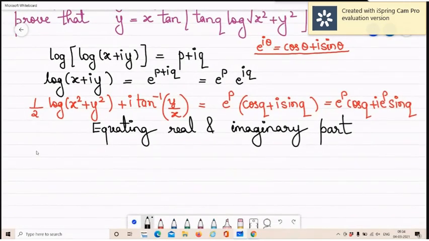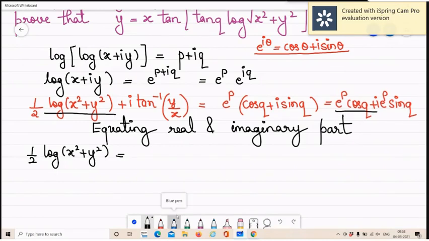So now when I equate the real part, what do I get? Half log of x square plus y square is equal to what? What is the real part? This is the real part, and this is the imaginary part.